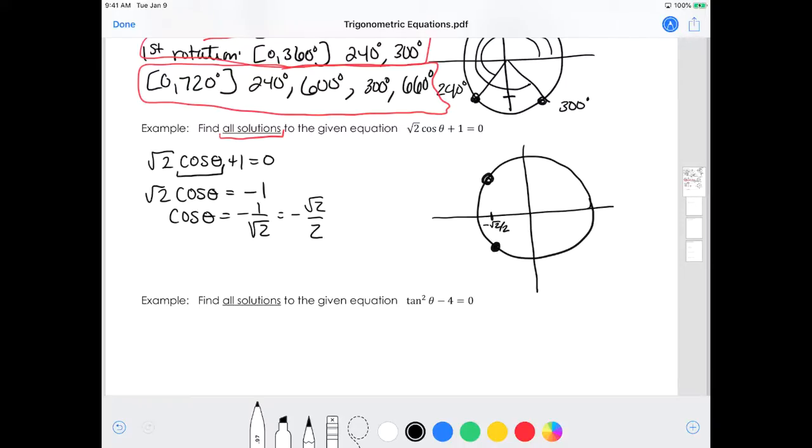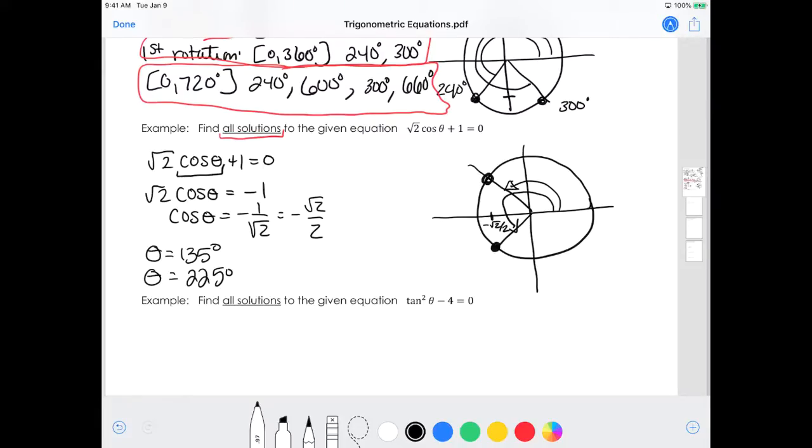If I look at those angles, and I'm doing this in degrees, this would open up to 135 degrees. And then this would open up to 225 degrees.